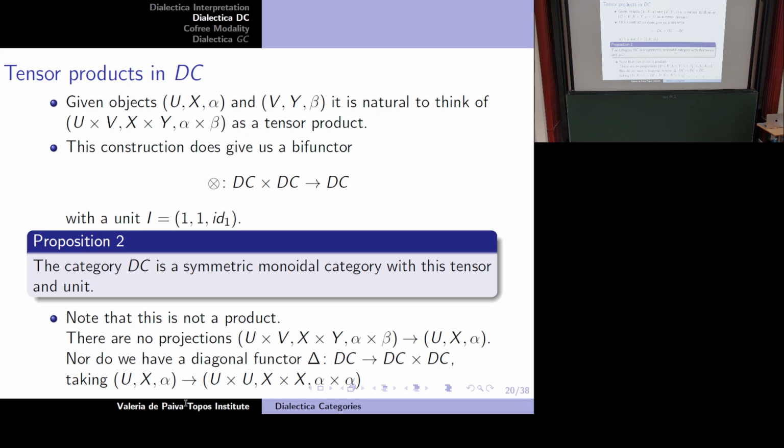Well, you multiply the first two coordinates, you multiply the second two coordinates, and you multiply the relations. And that, lovely enough, will give you a bifunctor with a unity, which is just a terminal object in each one of the coordinates. So we have this proposition that the category DC is a symmetric monoidal category with this tensor and unity.